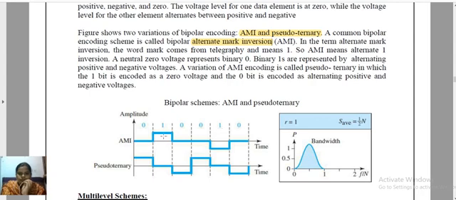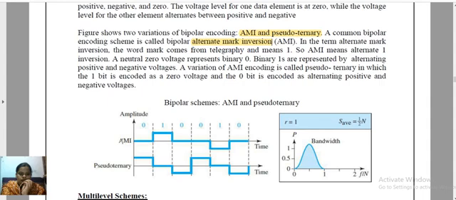So 0 is always at 0 axis, but 1 flips. Here it is on the positive voltage side, but at this position it will be on the negative voltage side. Okay, clear everyone?